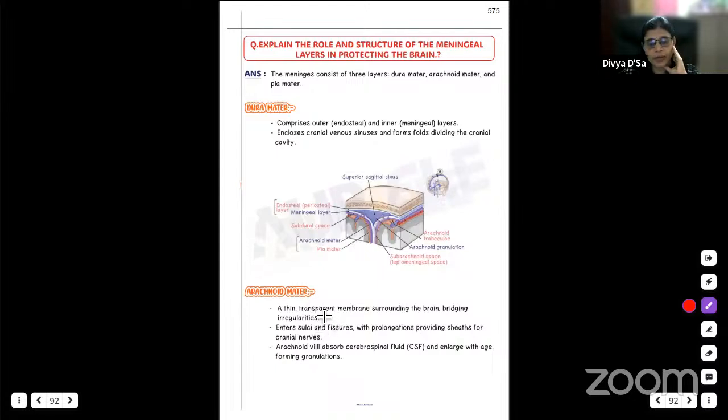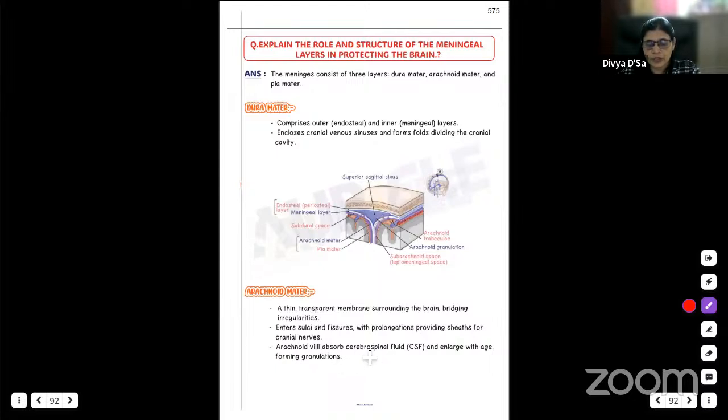Then we have the arachnoid mater. Arachnoid mater is a thin transparent membrane which surrounds the brain, bridging the irregularities. It enters the sulci and fissures with prolongations, providing sheaths for the cranial nerves.